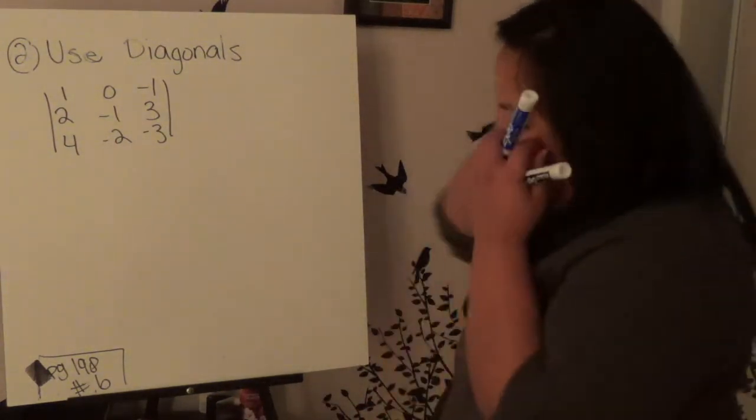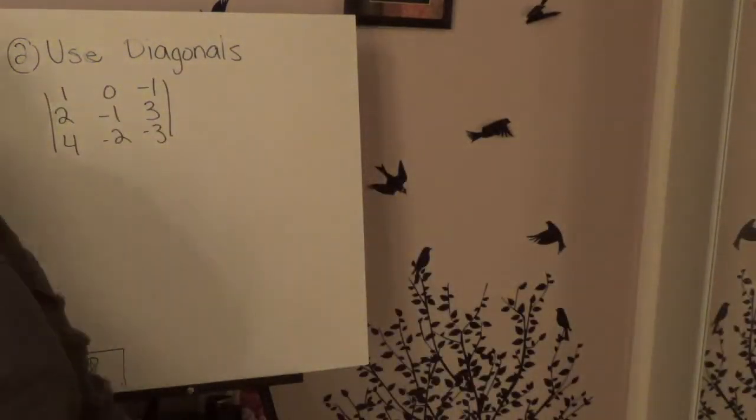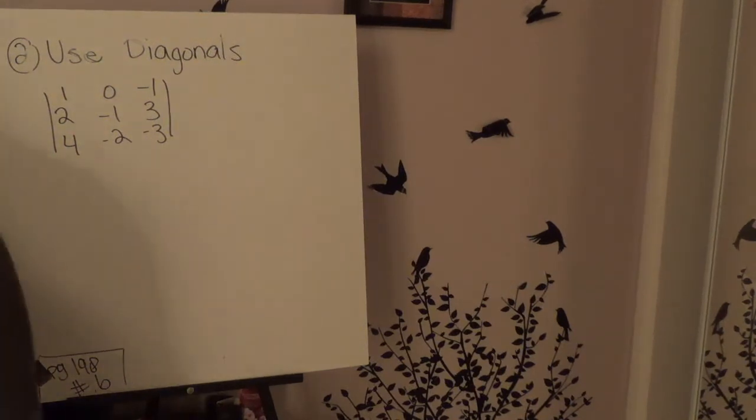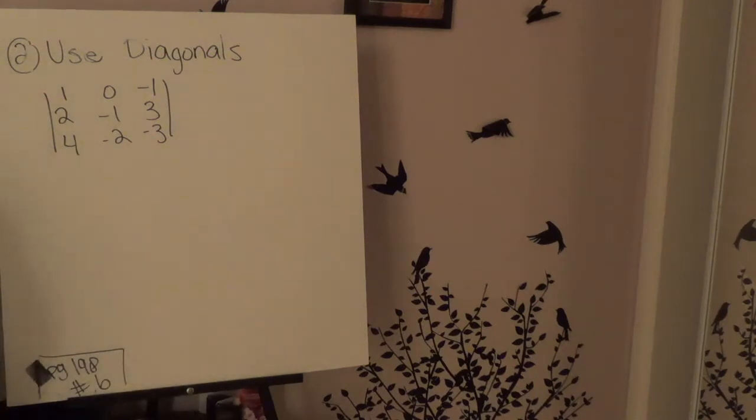When we're dealing with diagonals, and let me get the book out, it's on page 196. So if you go into page 196 in your book, it shows you the steps of the diagonals.